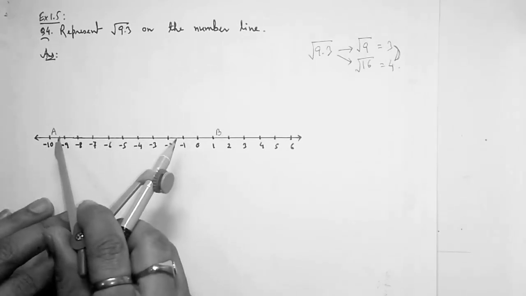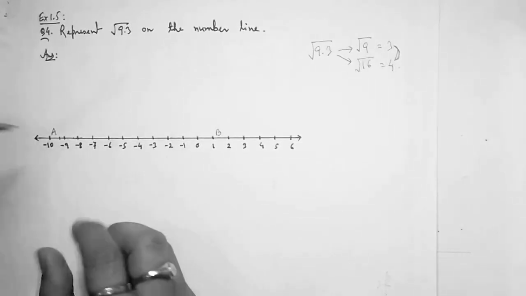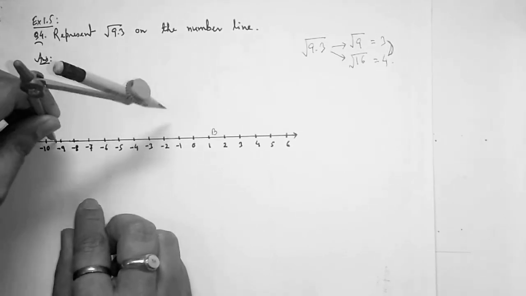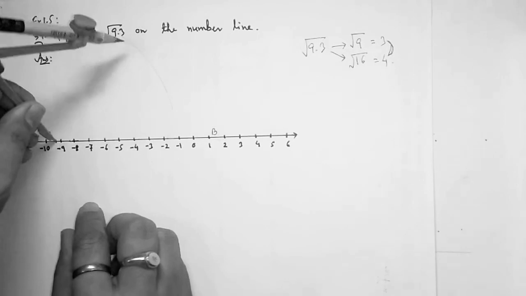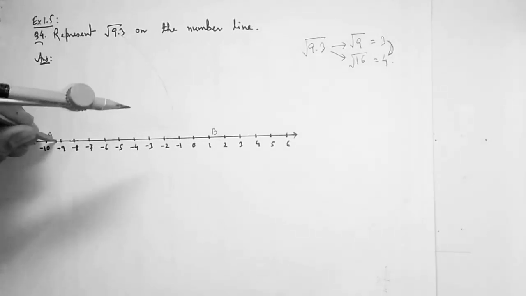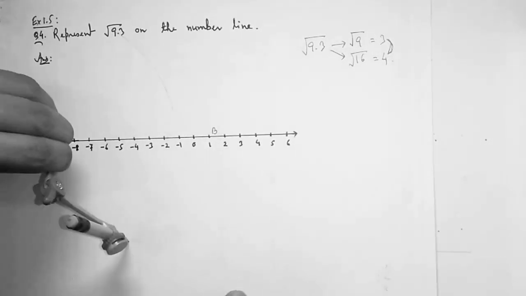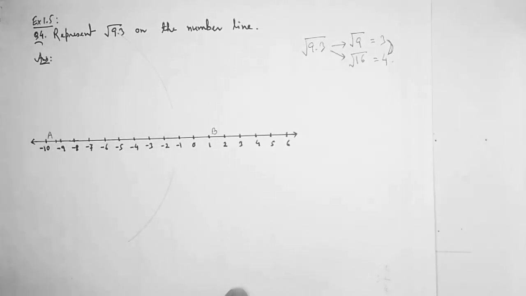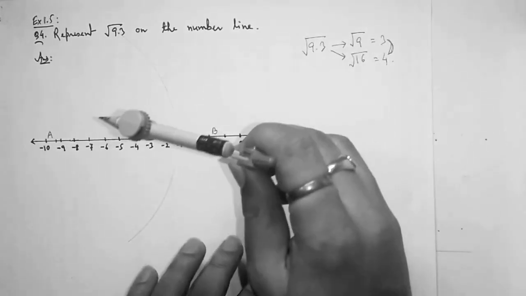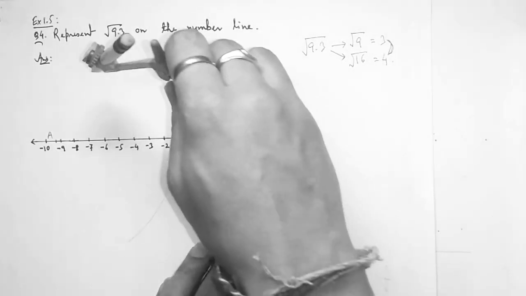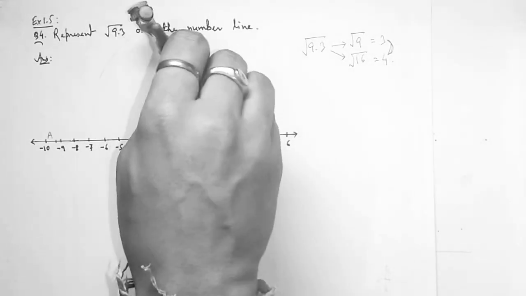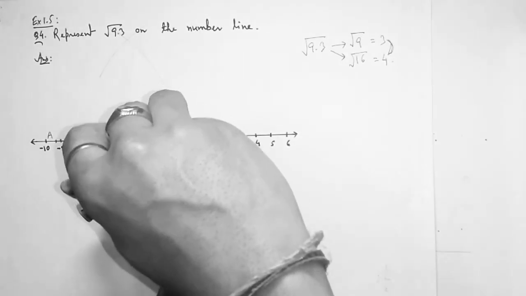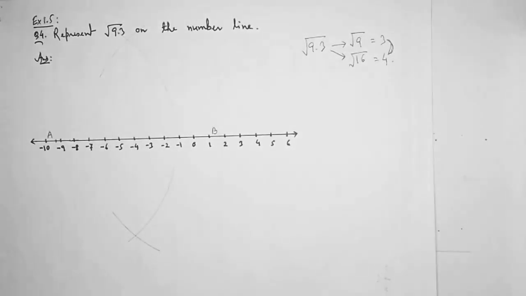From point A, we'll draw an arc above the number line, and from A another arc below the number line. Similarly, from B you draw an arc above the number line, and again from B another arc below the number line.